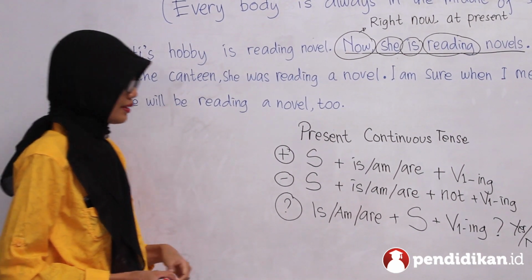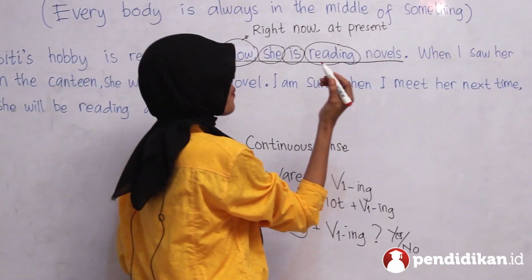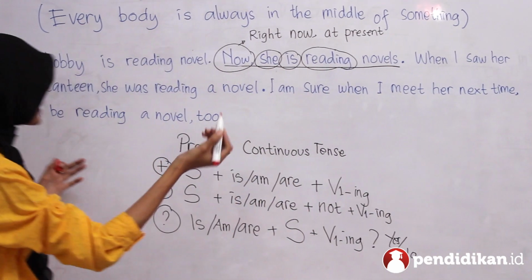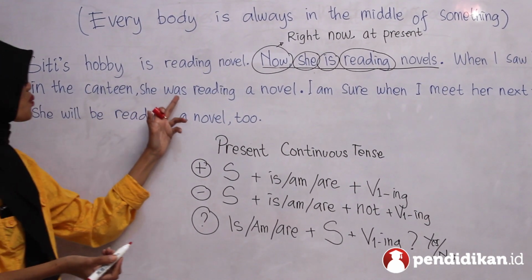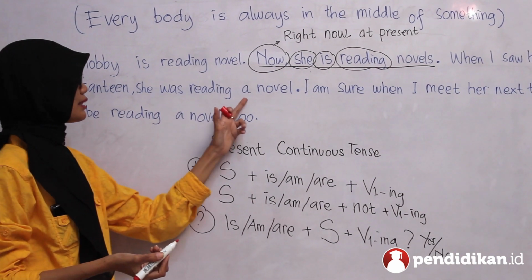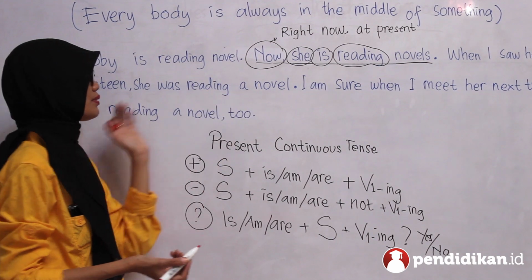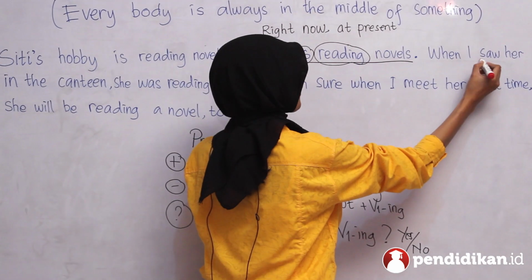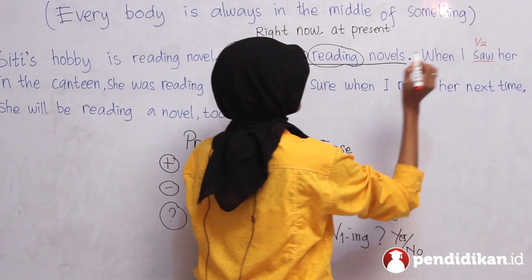Next, we see this one. We have the next sentence. When I saw her in the canteen, she was reading a novel. You know? So, in the form of verb to be.